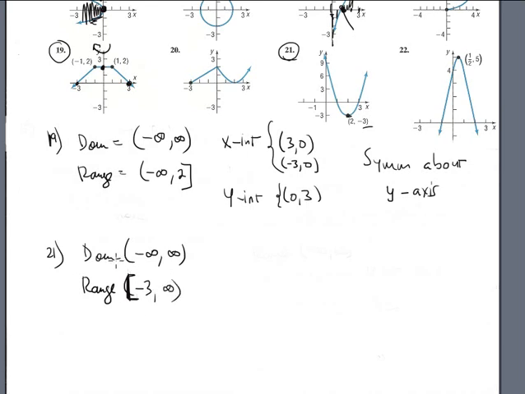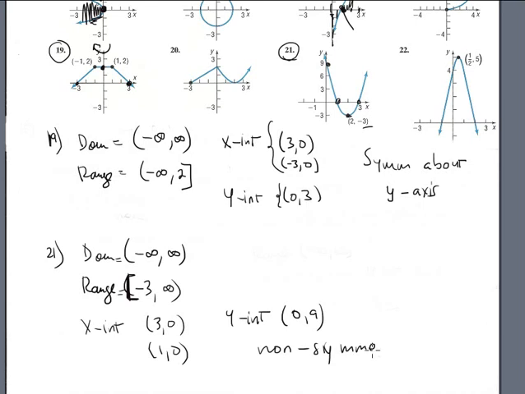This is the range. We have x-intercepts at this point, (3, 0) and (1, 0). And this is the y-intercept: the point (0, 9). And of course no symmetry, about nothing.